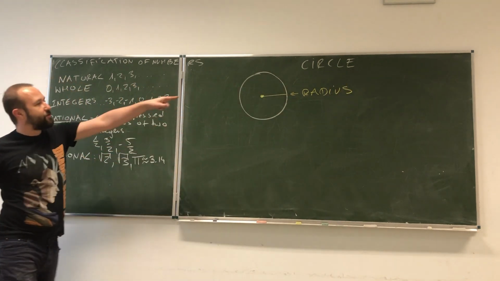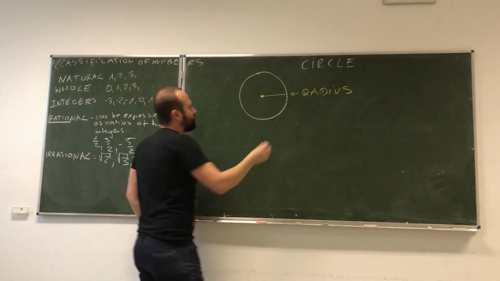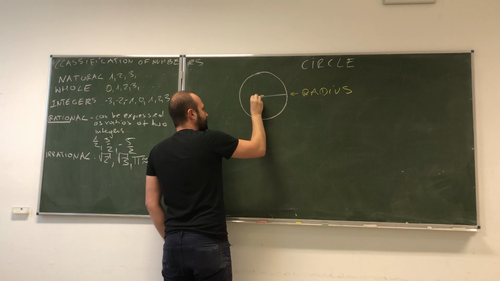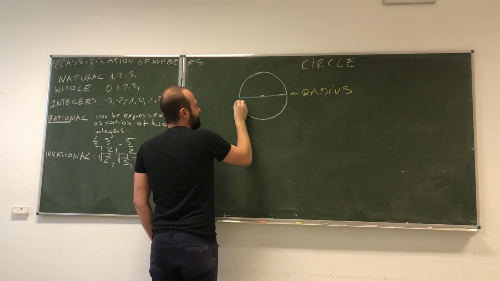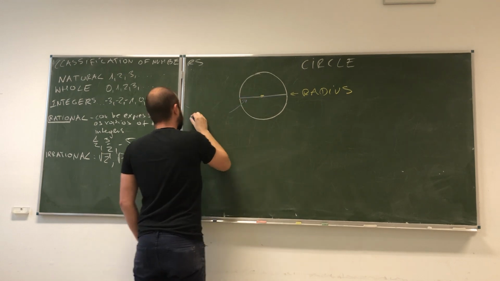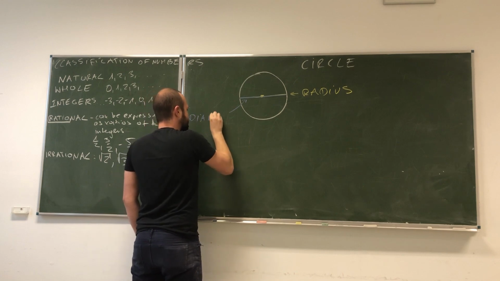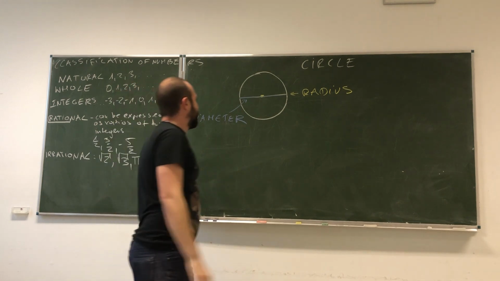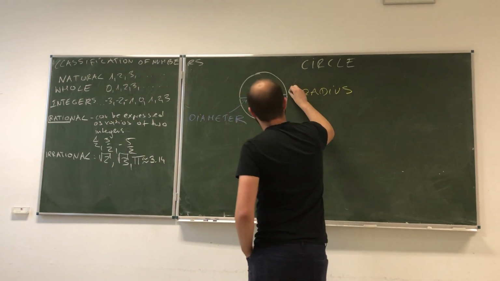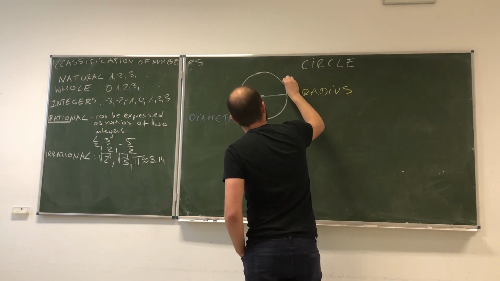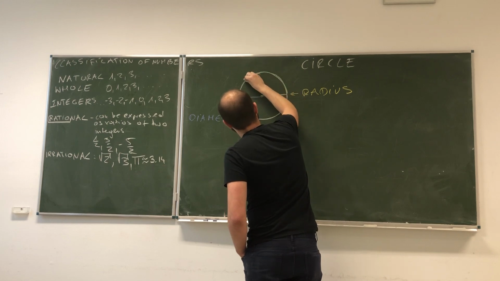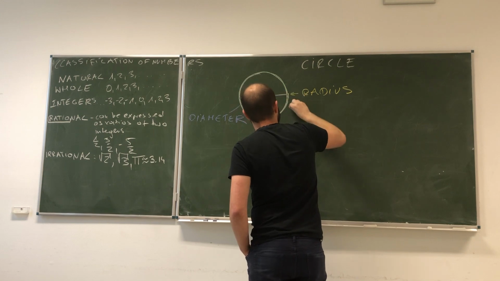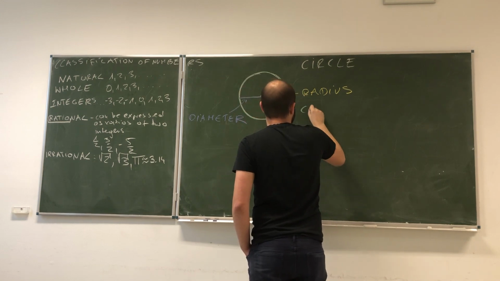The line going through the middle and connecting two points on the circle we call diameter. And finally, the line going around the circle is called circumference.